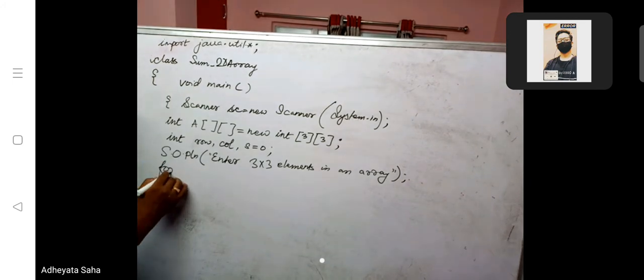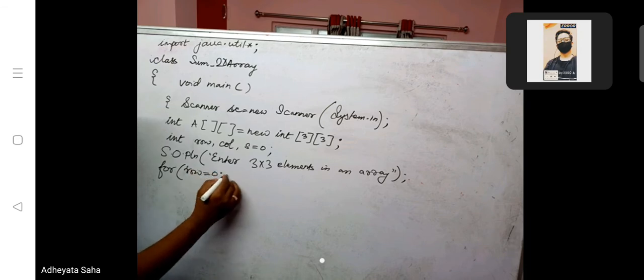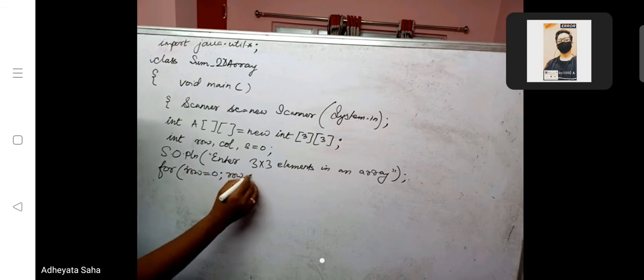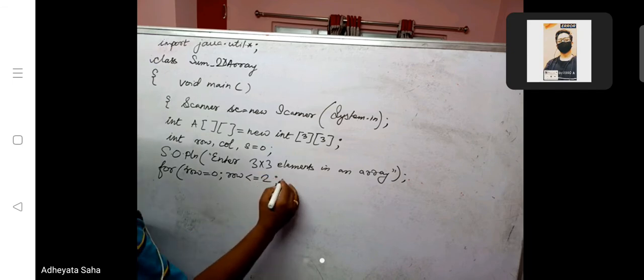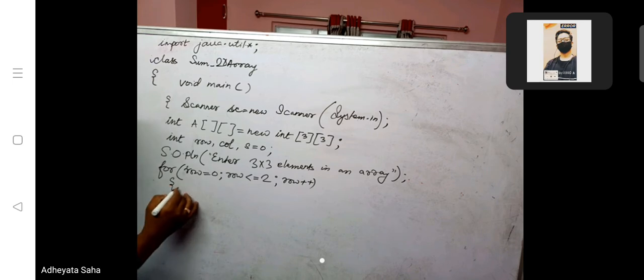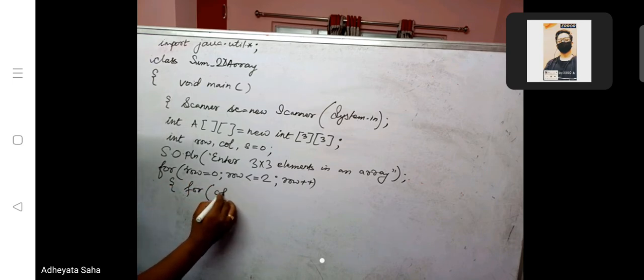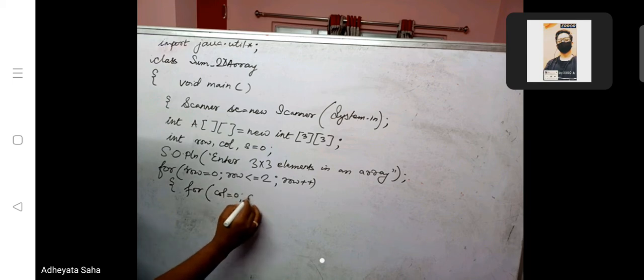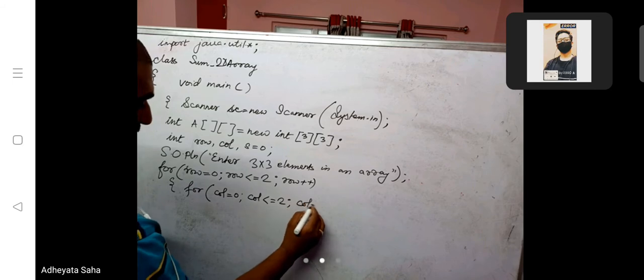So for row equals 0, row is less than or equal to 2, row plus plus. For column equals 0, column less than or equal to 2, column plus plus.